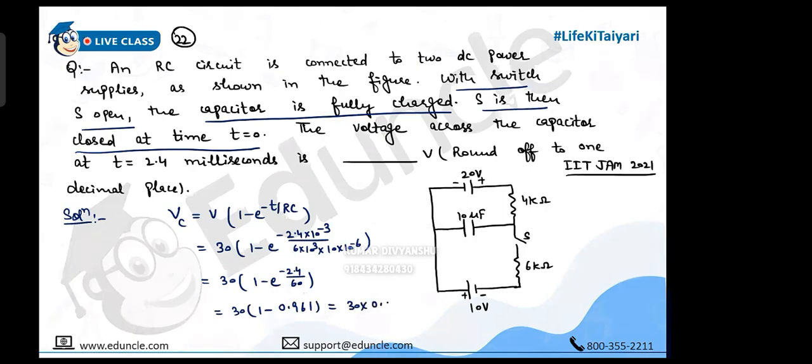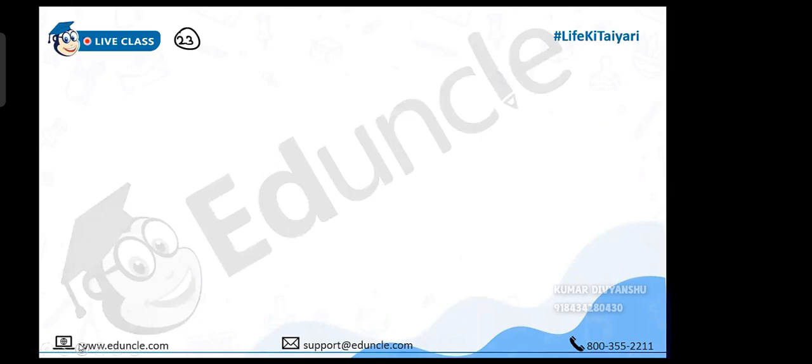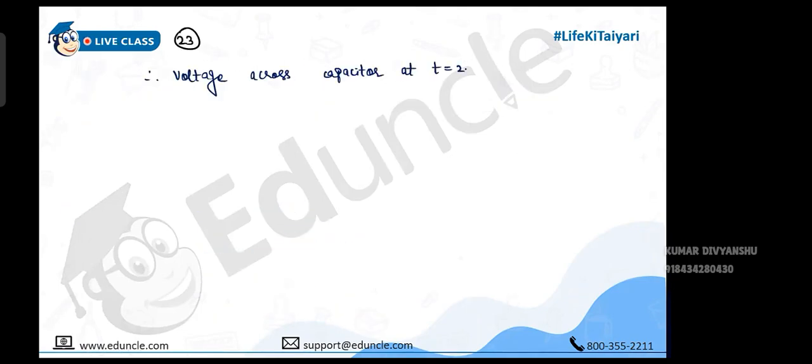So it is 0.961 it means. What do you get after multiplication? 1.17 volt. So this is the voltage across the capacitor. This is the answer.